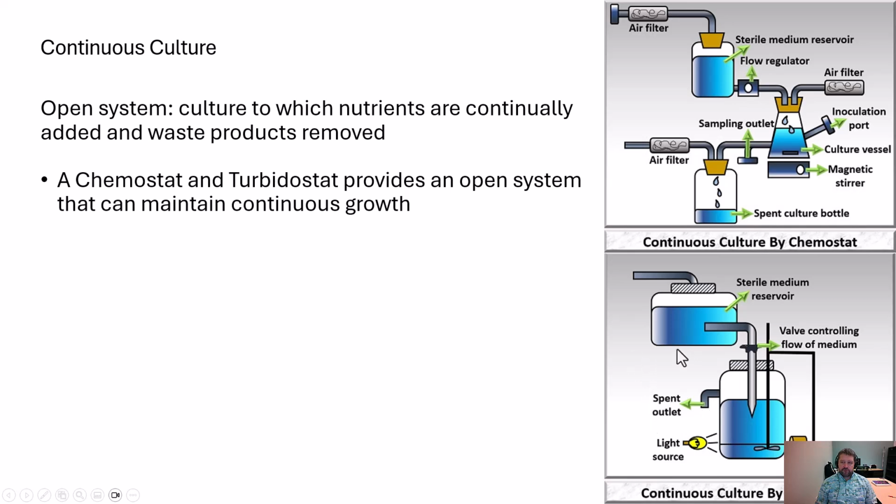Some of these are very elaborate systems because we're after cultures that are making, in some cases, secondary metabolites. We're really interested in those secondary metabolites because that's where the antibiotic might be made. So we'll drive these cultures to go into the stationary phase, but we don't want them to go into the death phase.